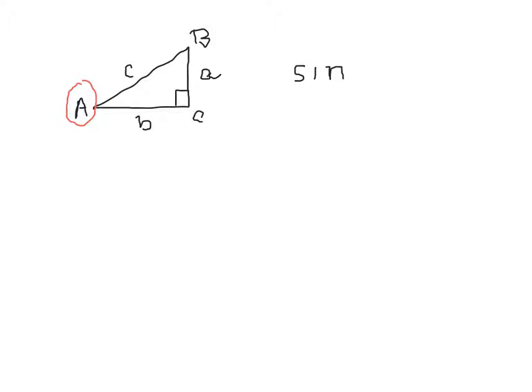So we're going to say the sine of A is equal to what? Well, the sine ratio is always equal to the length of the side opposite angle A divided by the length of the hypotenuse. Or in other words, this is equal to little a over little c.